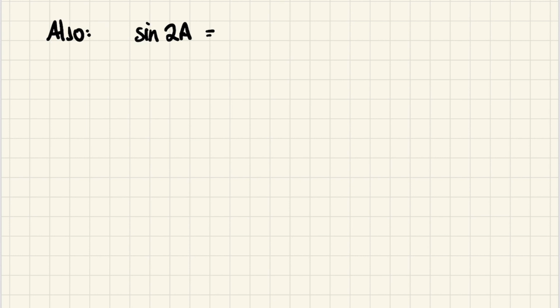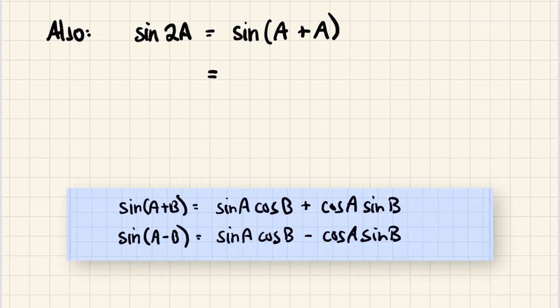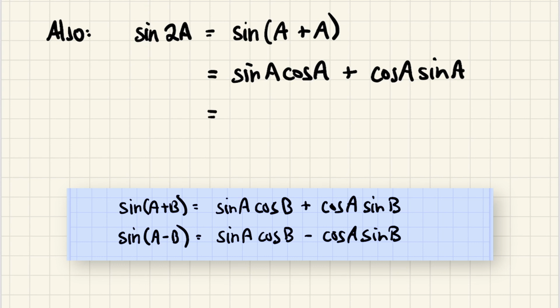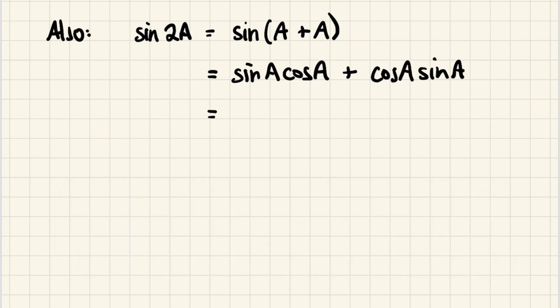So sine of 2a, we will uncover it the same way by writing 2a as a plus a. And now we'll unwrap this using the sine, cosine, cosine, sine identity. So that's sine, cosine, and then here the plus stays a plus, cosine, sine. Okay, so these are like terms.